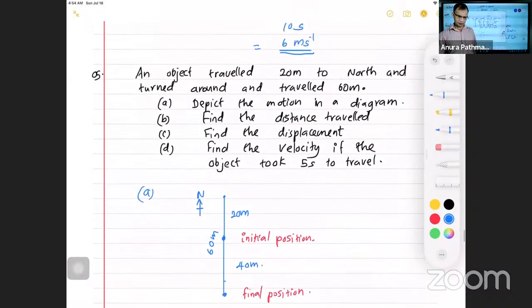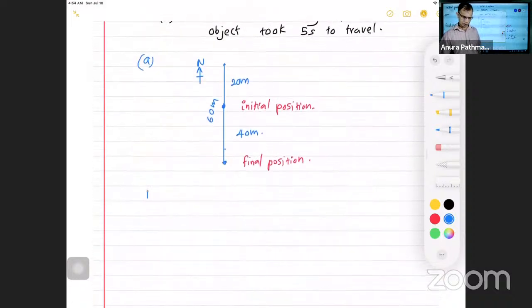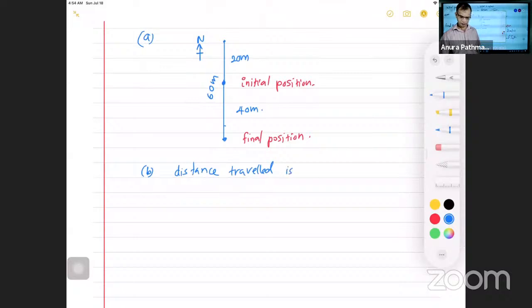Simple B. Find the distance traveled. Distance traveled is 60 meters.